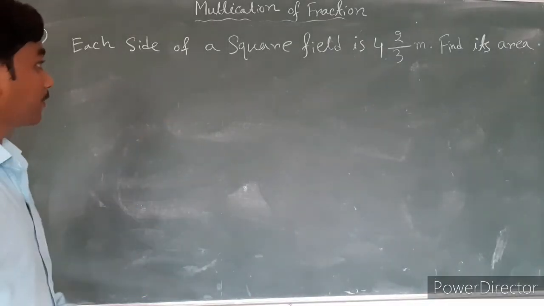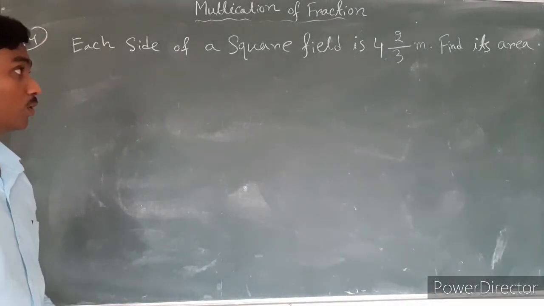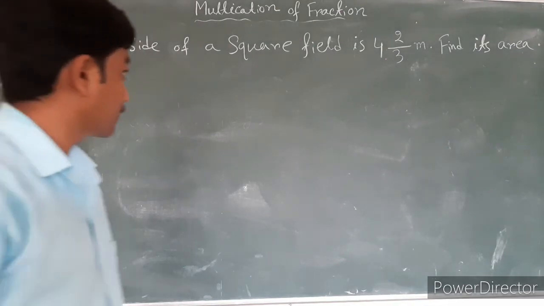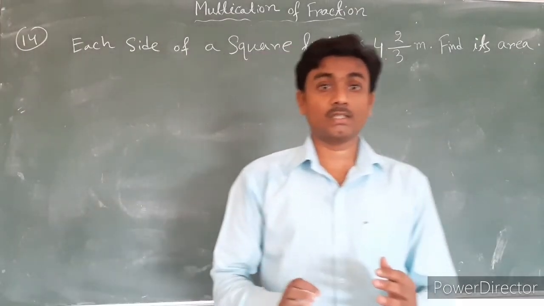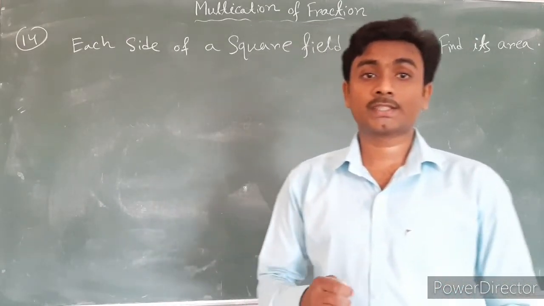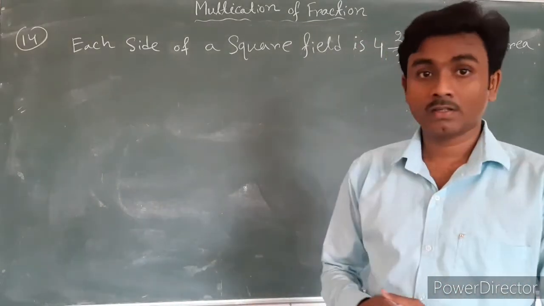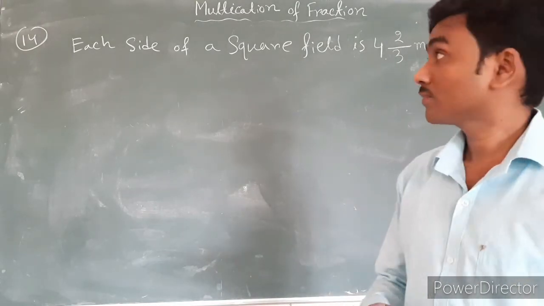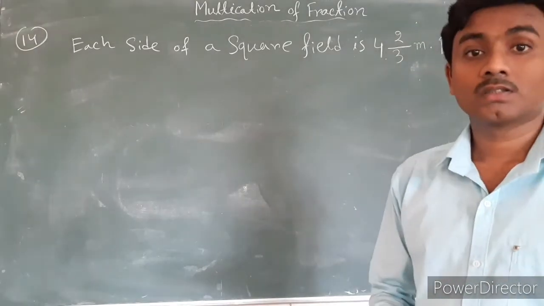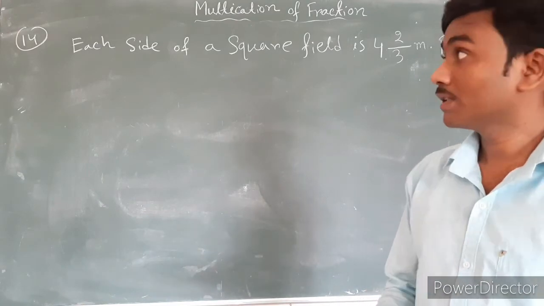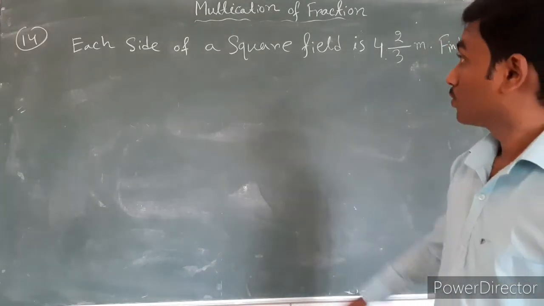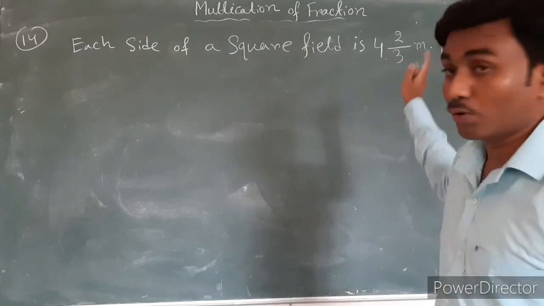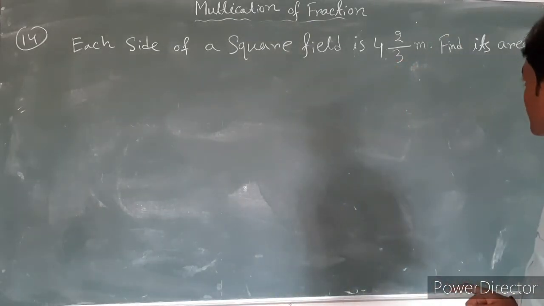Each side of a square field is 4 whole 2 upon 3 meters. Find its area. So there is a field whose shape is a square, and we also know that each side of a square is equal. So the length of each side of the square field is 4 whole 2 upon 3 meters.